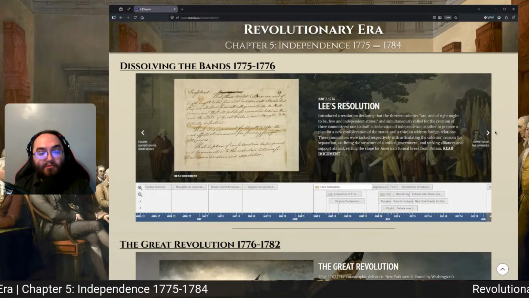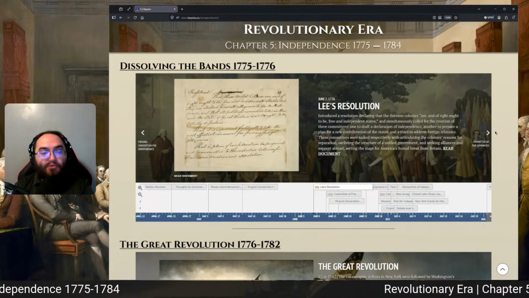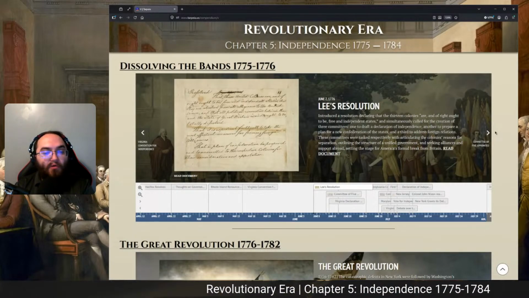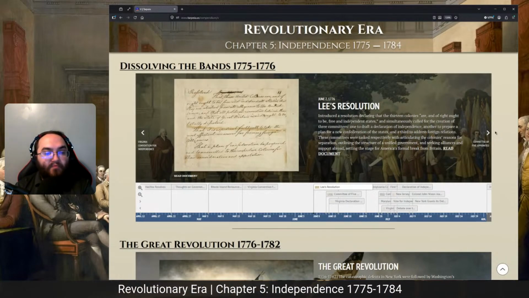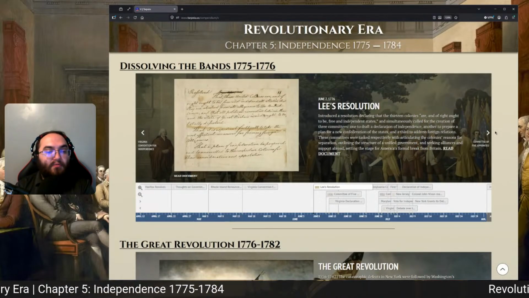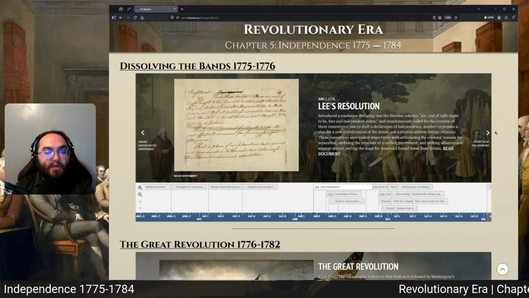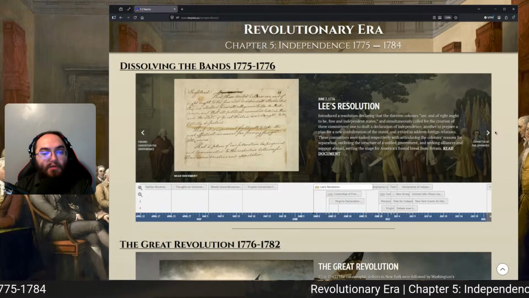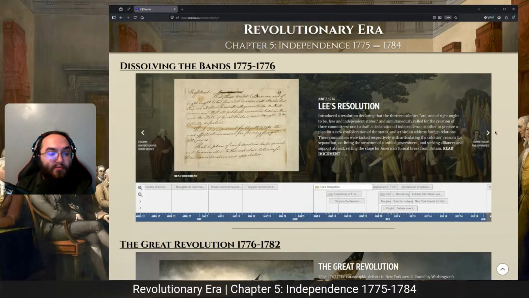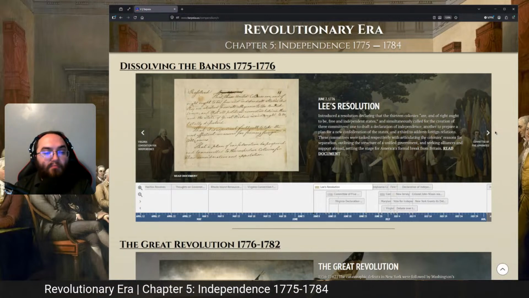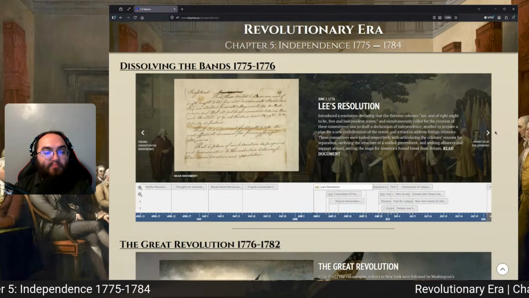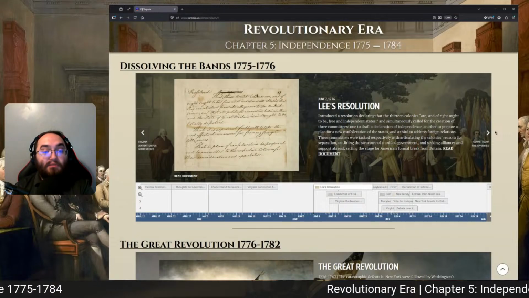Now you have Lee's resolution. This resolution is that these United Colonies are, and of right ought to be, free and independent states, that they are absolved from all allegiances to the British crown, and that all political connection between them and the state of Great Britain is dissolved.